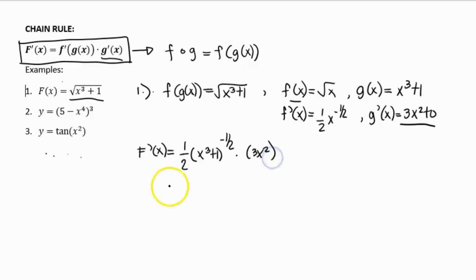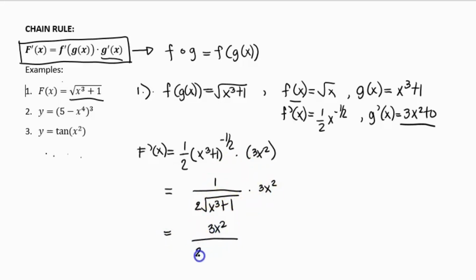Now we can simplify this one. We have 1 over 2 times the square root of x cubed plus 1, which is the negative 1/2 power simplified, multiplied by 3x squared, or 3x squared over 2 times the square root of x cubed plus 1.